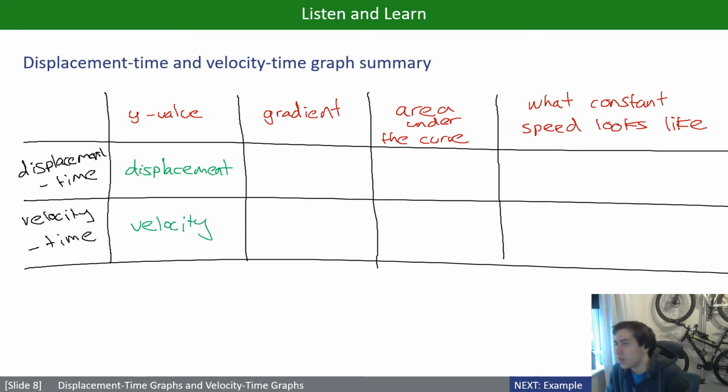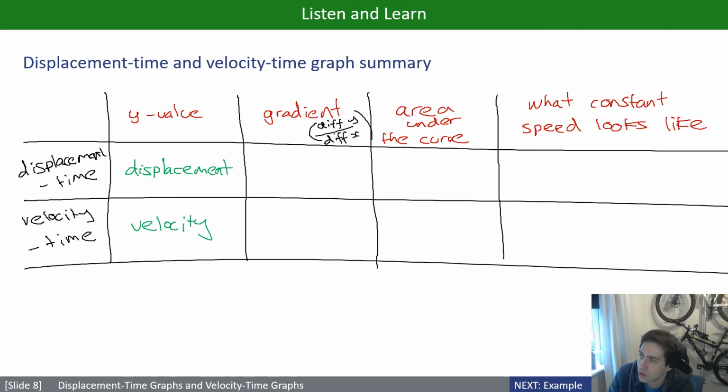Okay. And then what about the gradient? So on a displacement time graph, think about what a gradient is. Right, a gradient ultimately is difference in y over difference in x, right? I'm going to put that in brackets here. Let's say difference in y over difference in x.